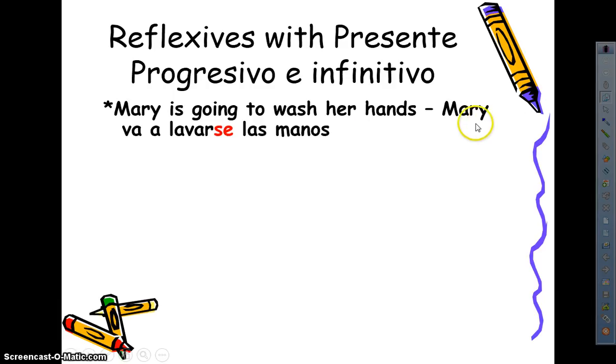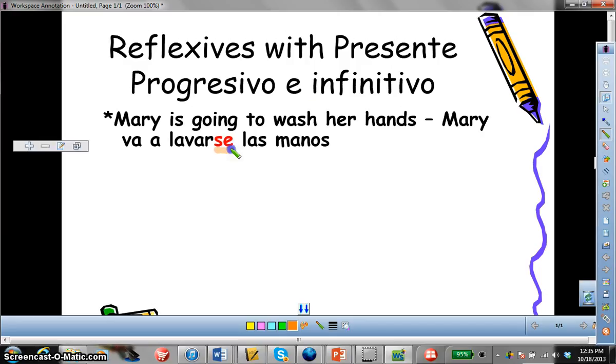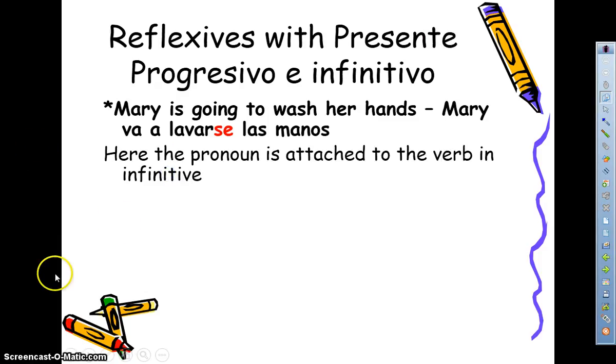So here, Mary va a lavar, and you put your pronoun attached to the end. Here the pronoun is attached to the verb in the infinitive, right here.